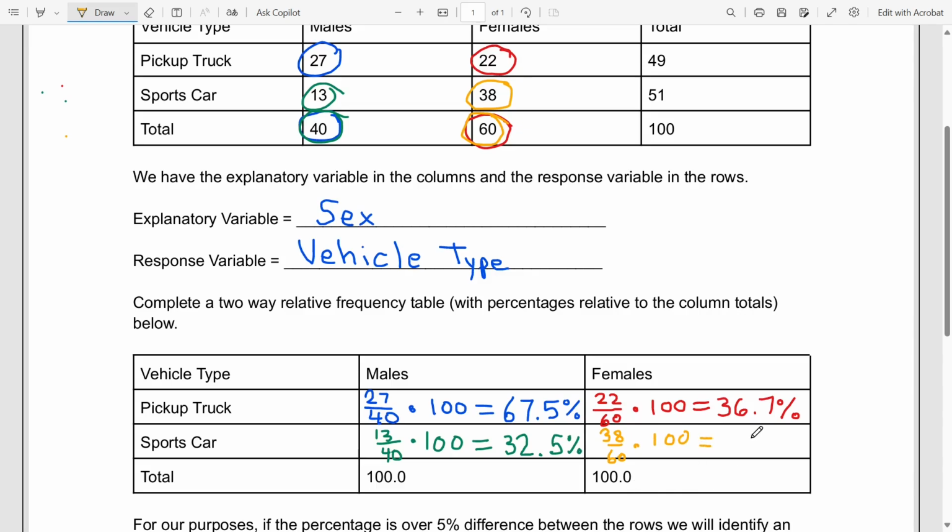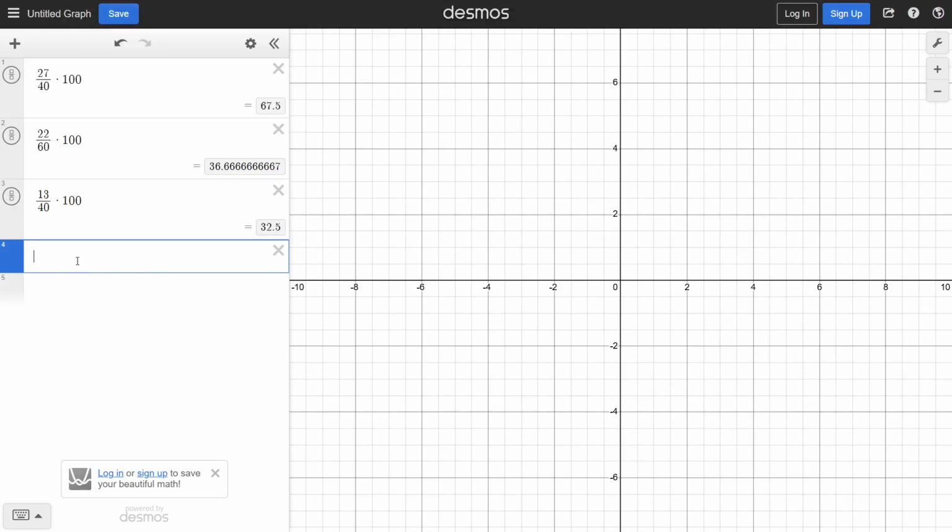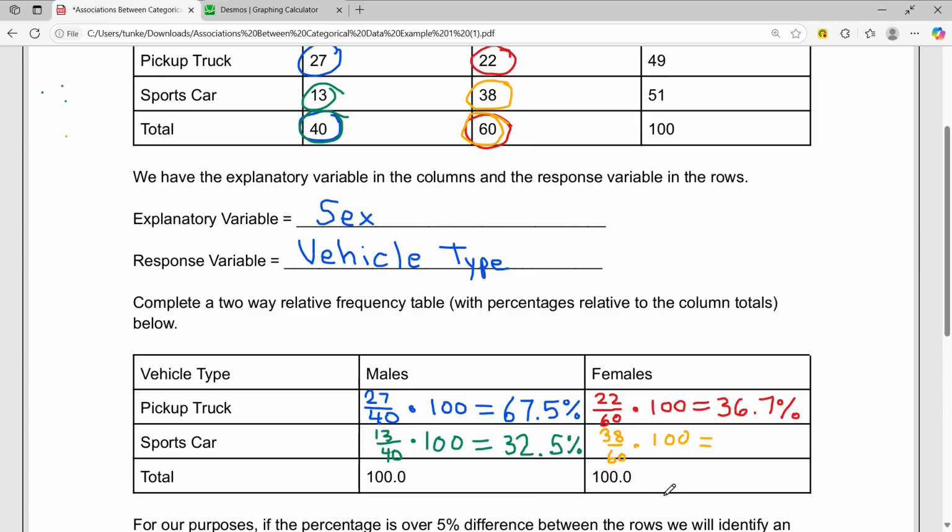And if we took 100 and we subtracted 36.7, we should get 63.3. Let's just confirm that with Desmos. And we do get 63.3%.